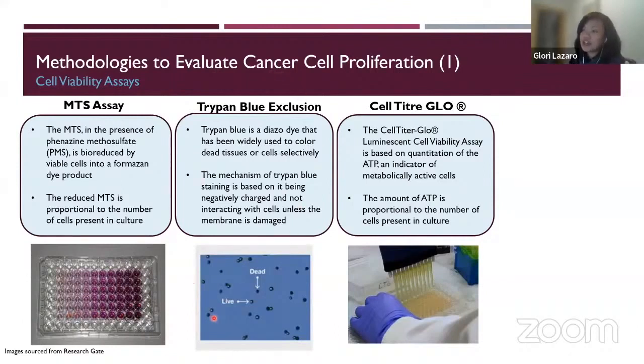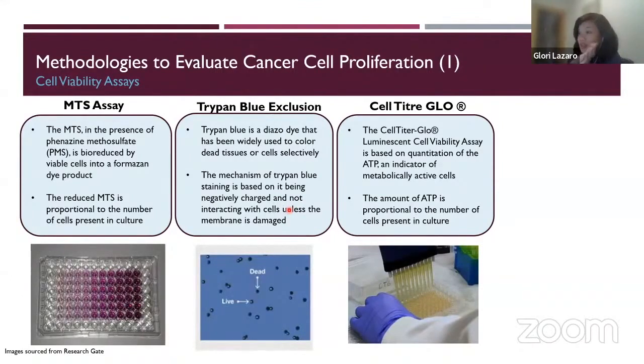And then another is what we call the trypan blue assay. So trypan blue is a dye you use to color, again, the live and the dead cells. So this is basically, pag buhay ang cell, they won't take in the dye because the cell membrane is intact.